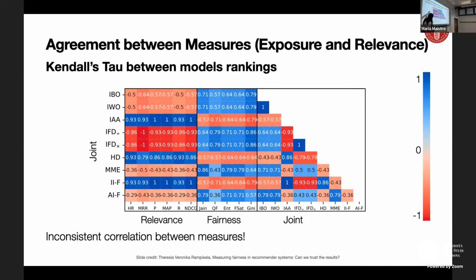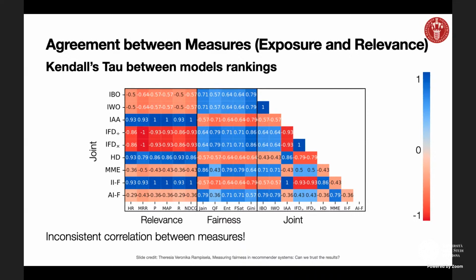There are some joint measures that correlate very well with relevance measures. So somehow they are more unbalanced towards relevance. And these are the measures that do not really correlate with fairness. So there is this kind of thing, either you are more towards relevance or more towards fairness.